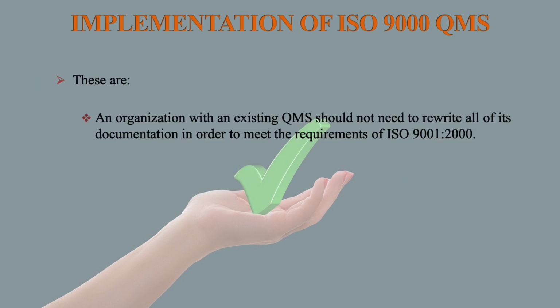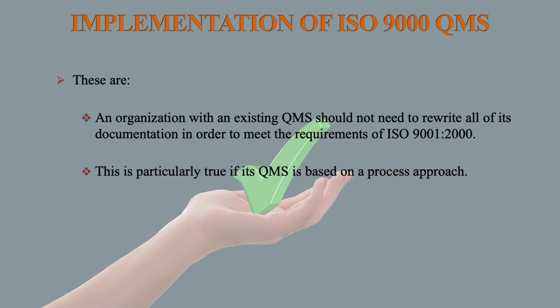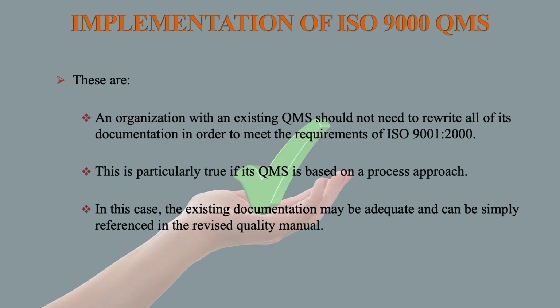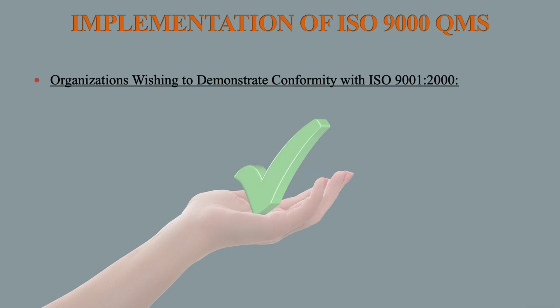An organization with an existing quality management system should not need to rewrite all its documents in order to meet the requirements of ISO 9001-2000. This is particularly true if its quality management system is based on a process approach. In this case, the existing documentation may be adequate and can be simply referenced in the revised quality manual.